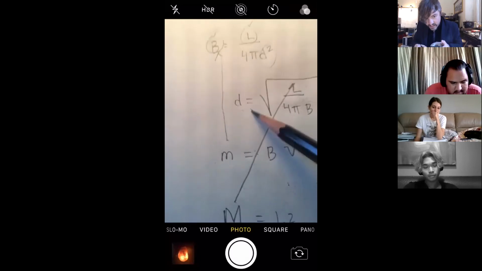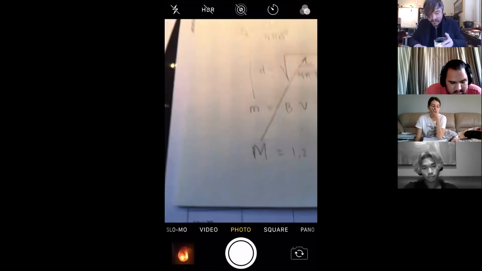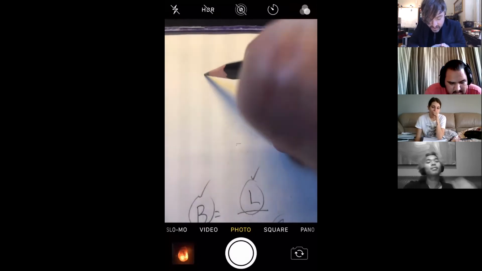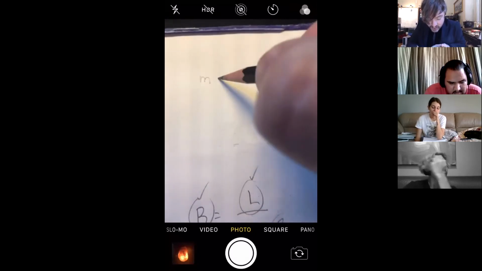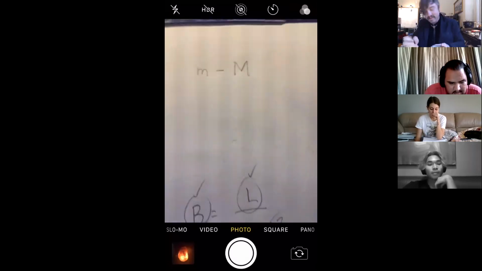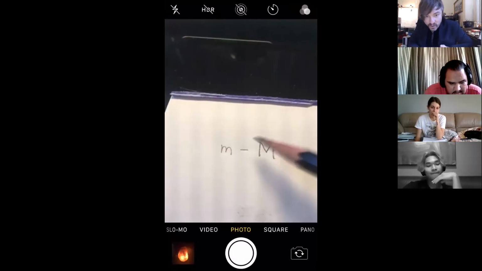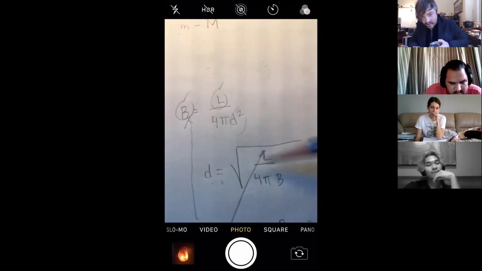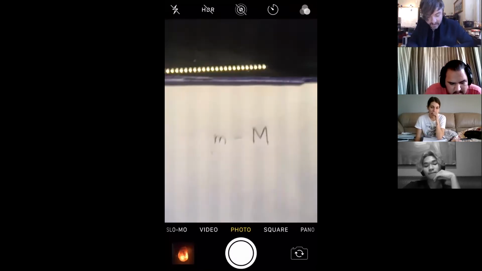The equivalent of measuring distance in magnitudes is something called the distance modulus. It's the apparent magnitude minus the absolute magnitude, where here you're just subtracting magnitudes, but because you're working in logarithms, the square root goes away.